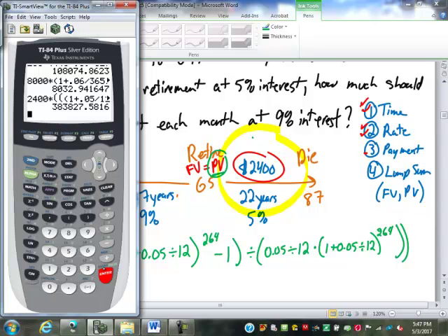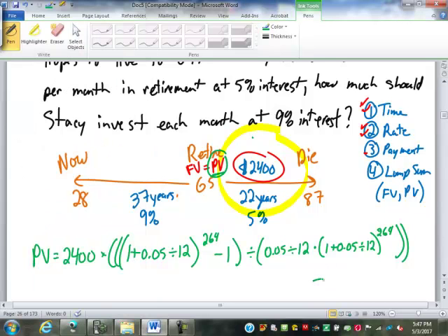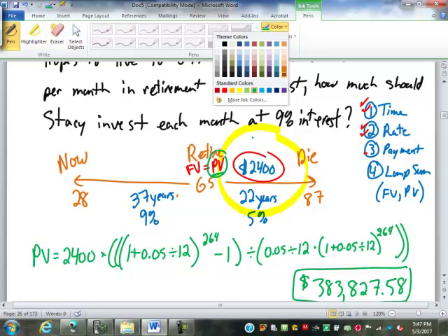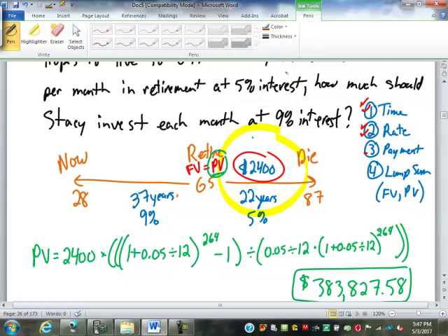I'm getting 383,827.58. Let me know if you get the same. Anybody anything different? Wow. Okay, we'll wait for you. They said my screen has been malfunctioning today, so I'm not going to go too far trusting that mine's right.